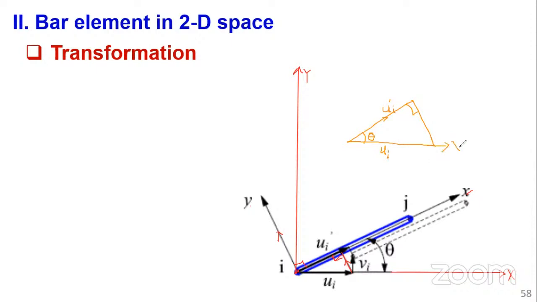This is the axis capital X. This is the axis capital Y. I just wanted to extract this triangle for you so that you can see it. We are using this triangle to get the different components. So this is your element here. Don't forget, this is your element.